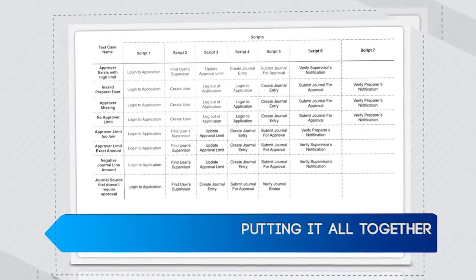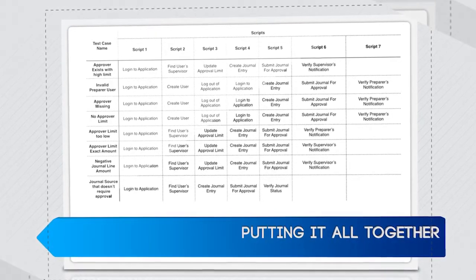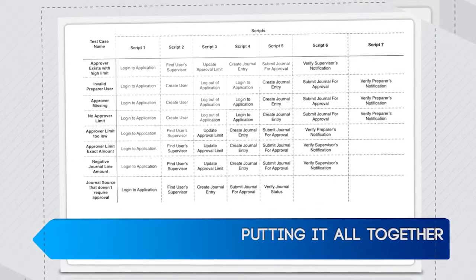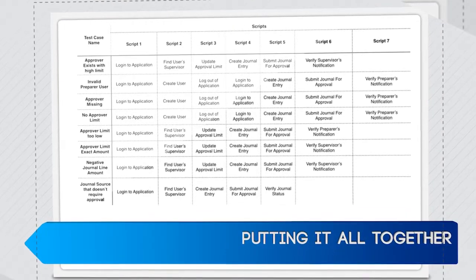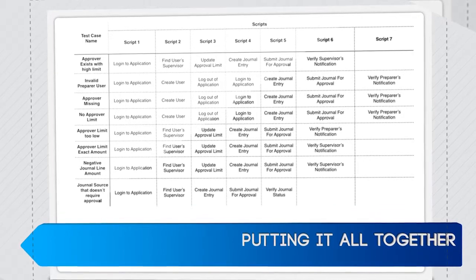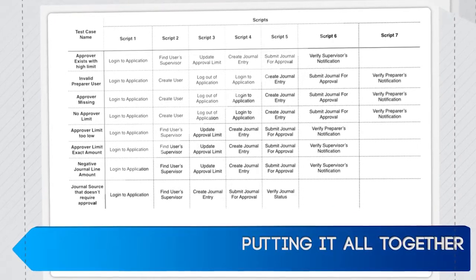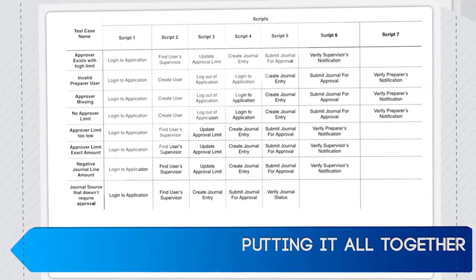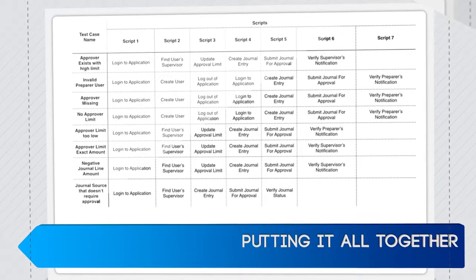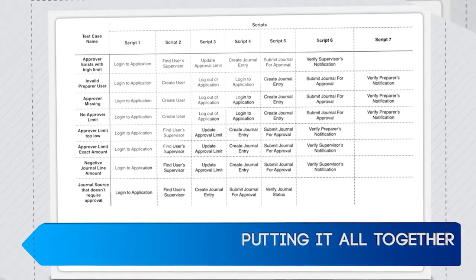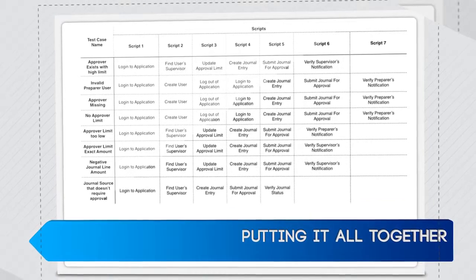The first script we're going to run is a login to application. The second script is we'll find the user supervisor. The third script is we're going to update that supervisor's approval limit to a very high amount so that when we create a journal entry, we're assured that's the one it's going to pick. Script number 4 is we create a journal entry. Script number 5 is we submit it for approval. And script number 6 is we verify that the supervisor got the notification.